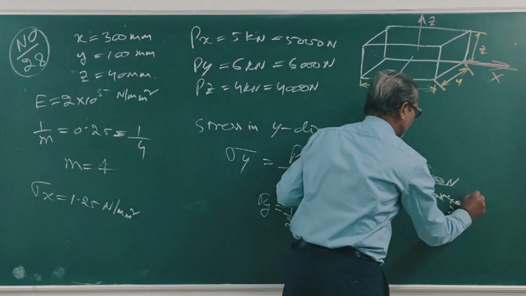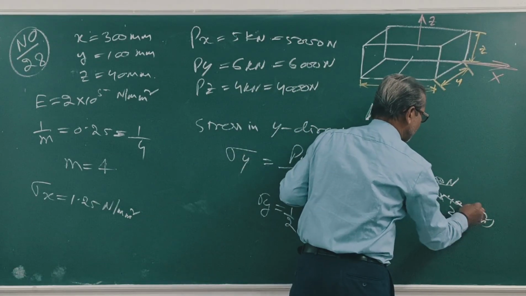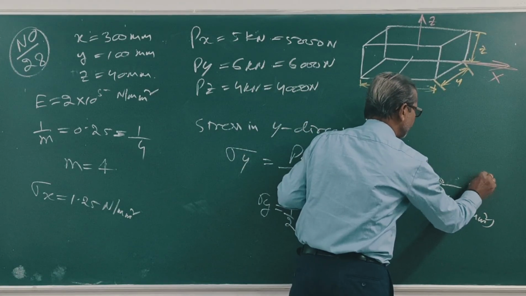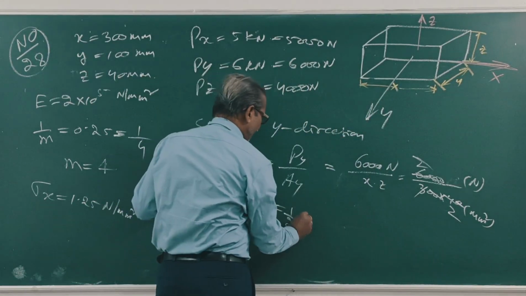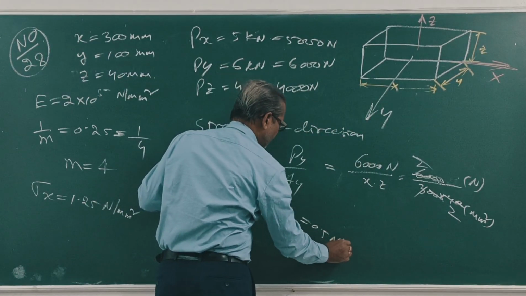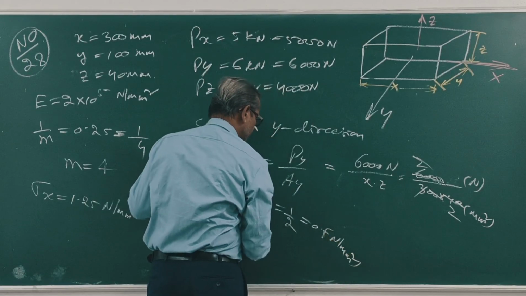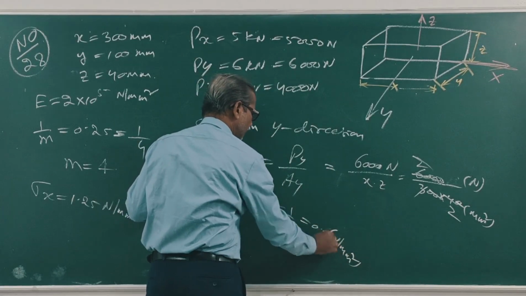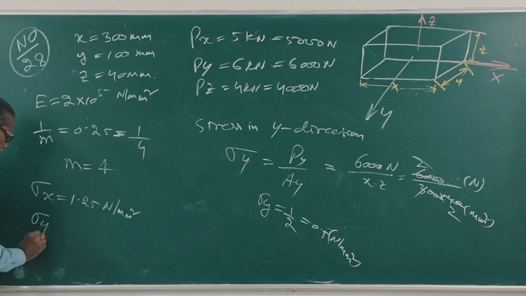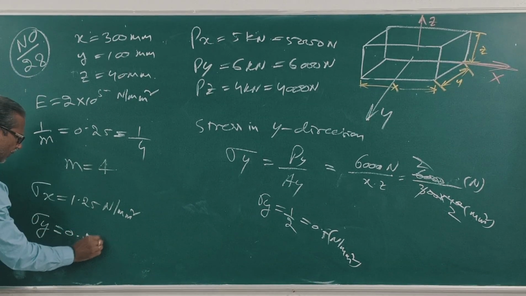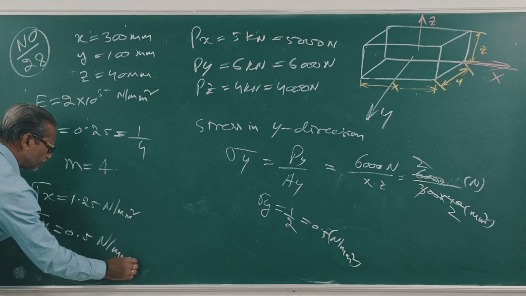This answer is Newton per mm square. Clear? 0.5 Newton per mm square. Sigma y is equal to 0.5 Newton per mm square.